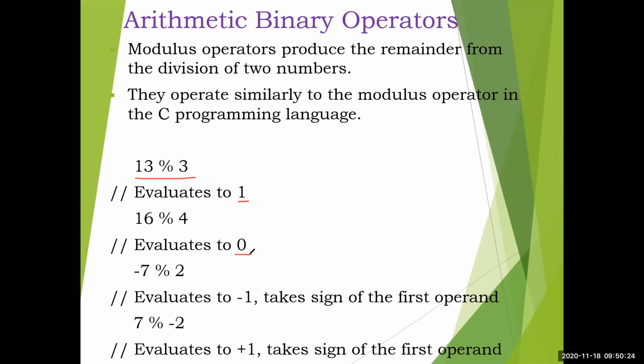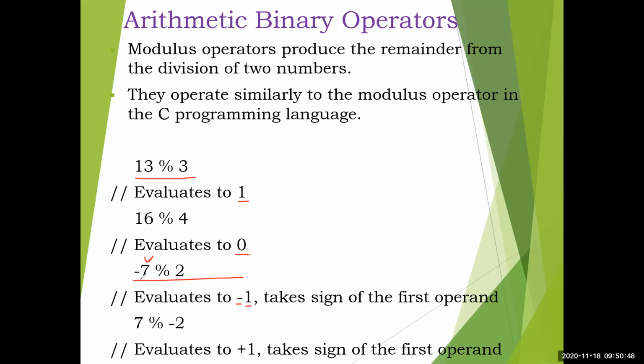That is the result. In case you have negative numbers, like minus 7 % 2, always remember that it will take the sign of the first operand. If the first operand is negative, it will take the minus sign. Then division: 2 threes are 6, and the remainder is 1, so the result is minus 1.